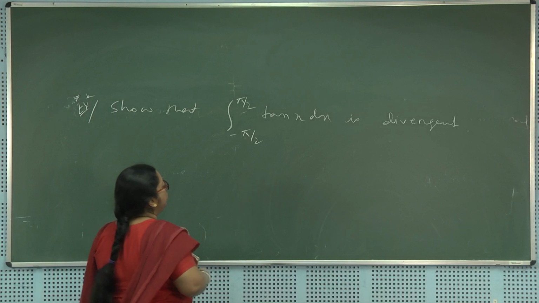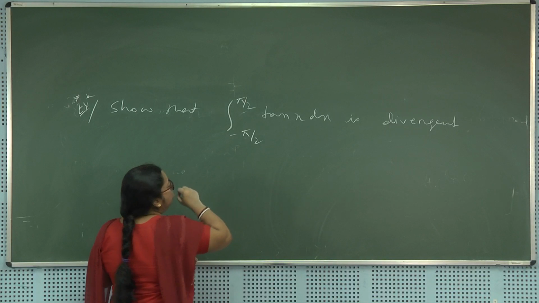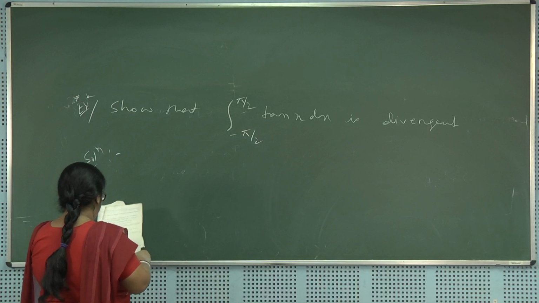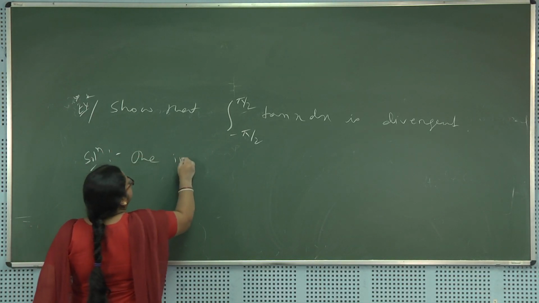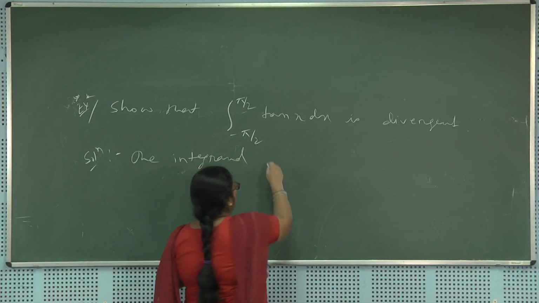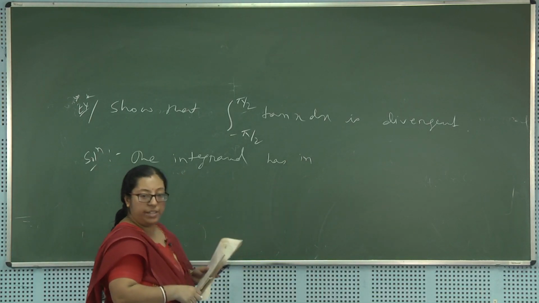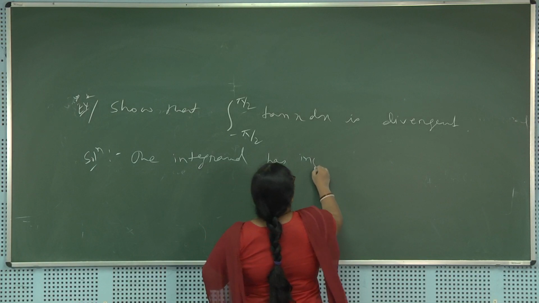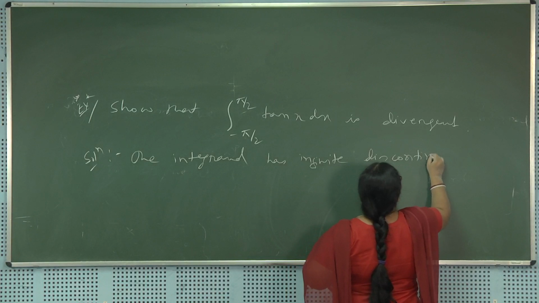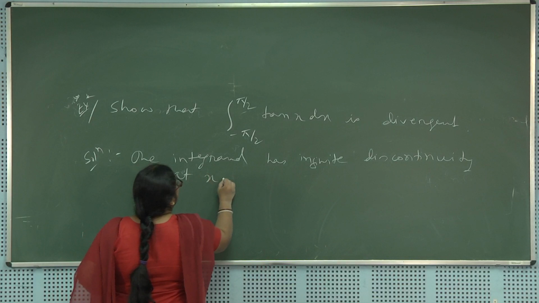As you can observe, this integrand has a discontinuity at the points pi by 2 and minus pi by 2. The integrand has an infinite discontinuity at x equal to plus minus pi upon 2.